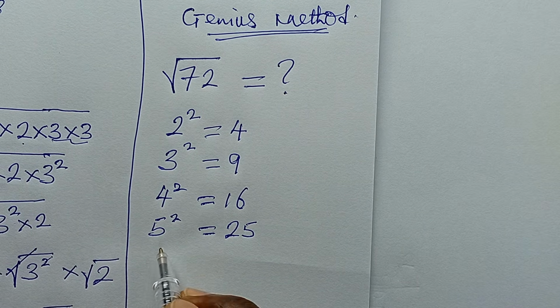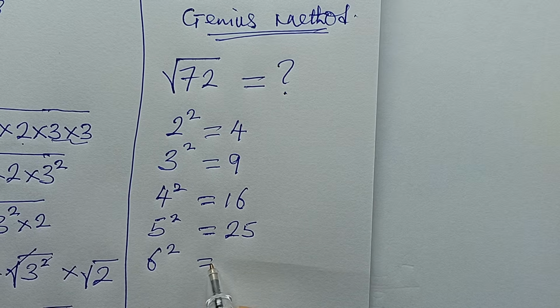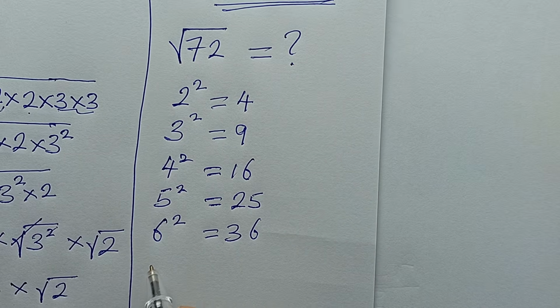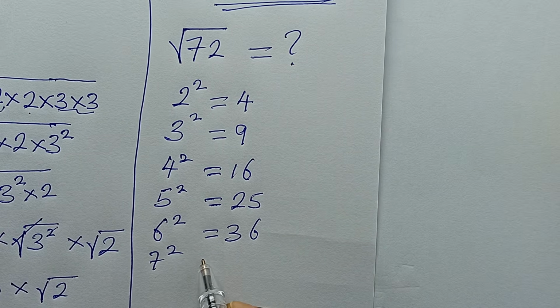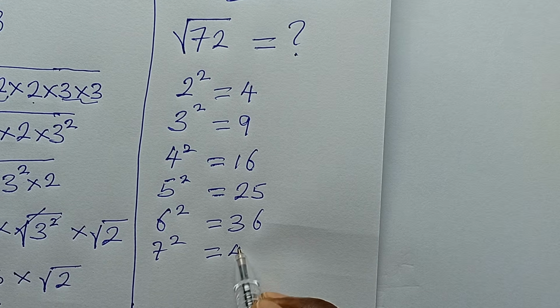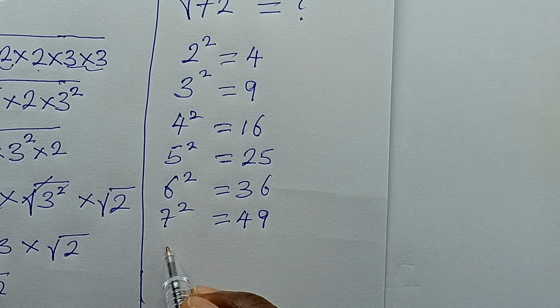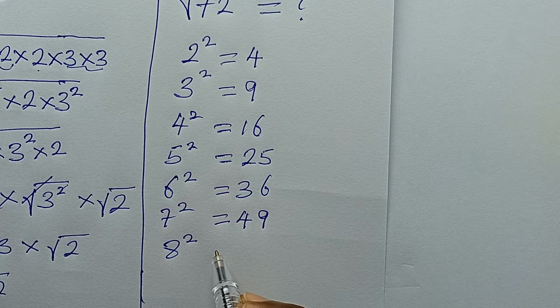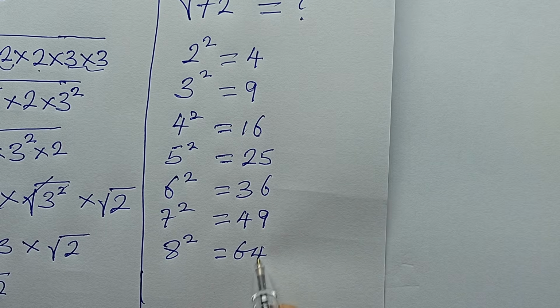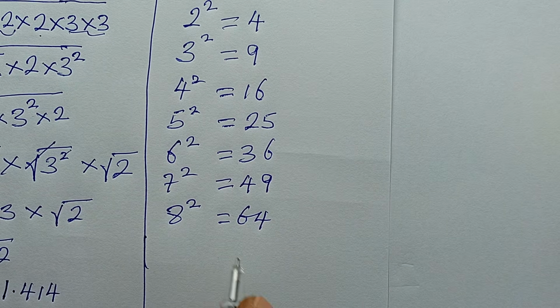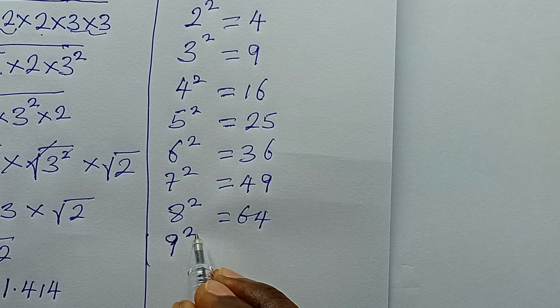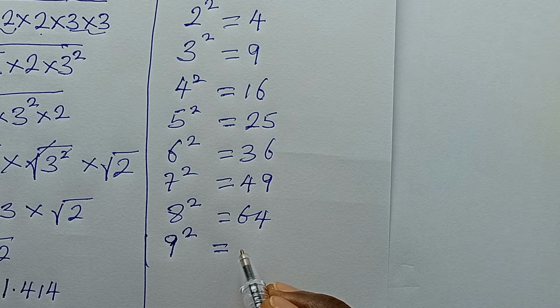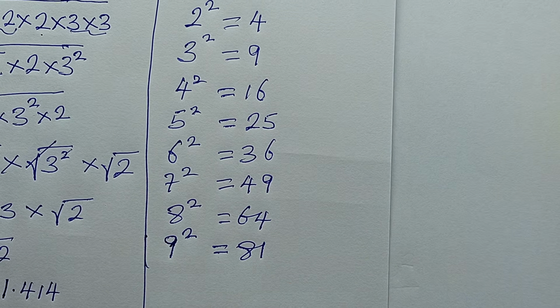And so we have 6 to the power of 2 is 36, and 7 to the power of 2 is 49. Then we continue, 8 to the power of 2 is 64, right? Then 9 to the power of 2 is 81.